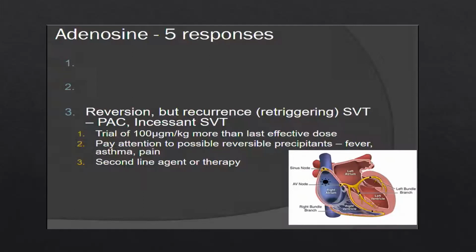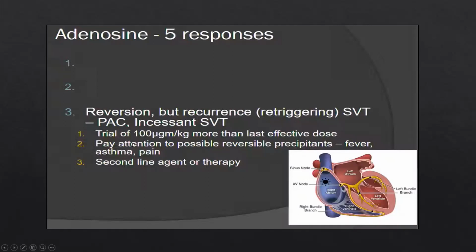Sometimes we see a response to adenosine where the child returns to sinus rhythm but reverts within a minute or two. In this case, there is no point in simply continuing with repeated adenosine. Something is triggering the SVT, and this is what we need to treat.